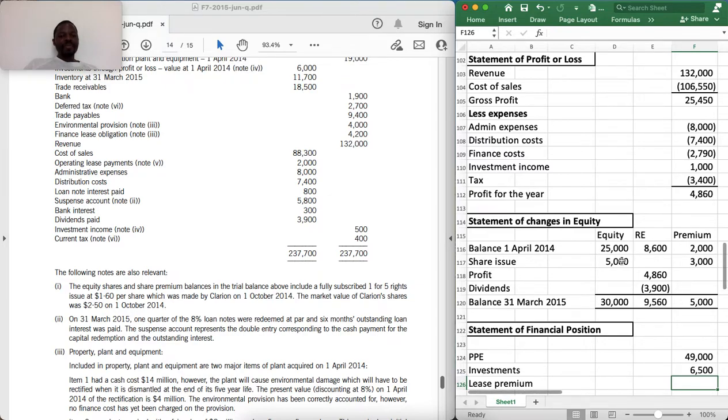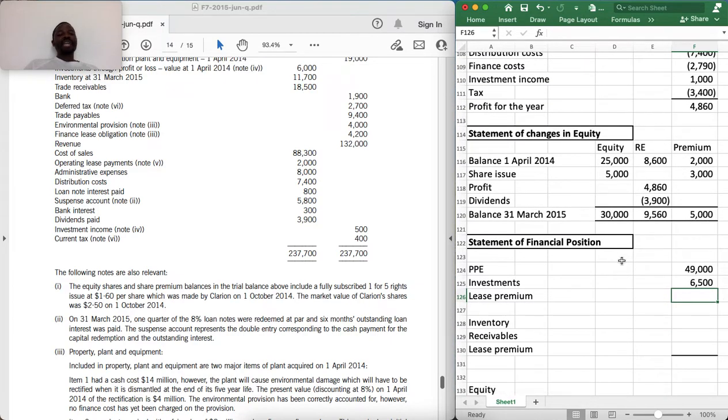The lease premium, we said the asset is 500 because it's non-current, but the current portion that we need to recognize next year is 250. So here we will say 750 less the 250, we get the 500 like that.